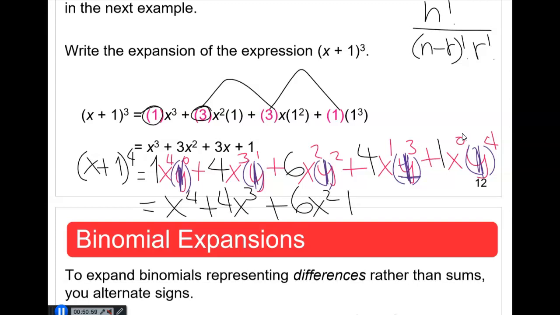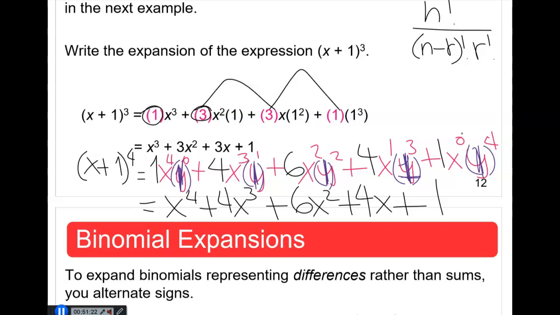And then we will have 4x times 1, because 1 to the third power is still 1. And then we will have just 1 times 1 times 1. So it's just 1. And yeah, that is the answer.